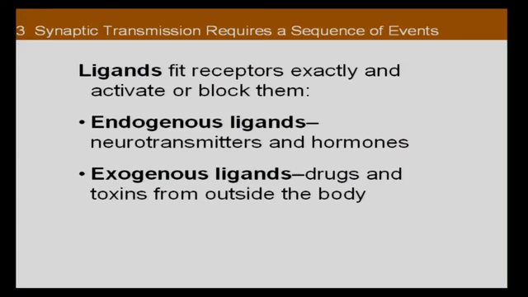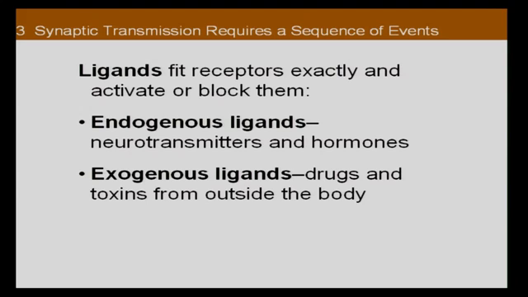A ligand fits a receptor exactly. It's like a key going into a specific lock. Sometimes you can stick your key into the wrong lock, and it won't activate anything. Only the right ligand, or key, can fit into a particular lock, which would be the receptor. So we have a key-lock analogy going here.